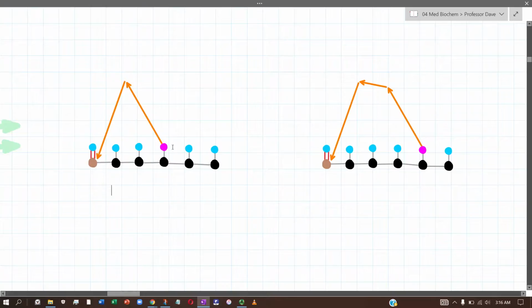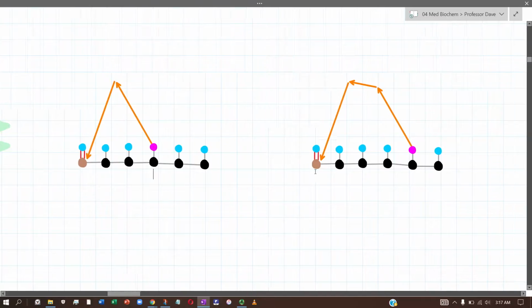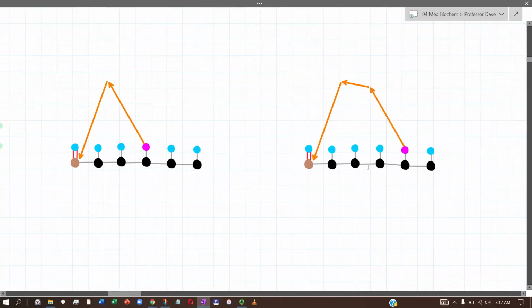Also, I've changed the color of the oxygen from blue to purple, to keep better track of what's going on with it. So in this case, it's carbon number 1, 2, 3, 4, the carbon number 4 that has a hydroxyl group attacking the carbonyl. And in this case, it's 1, 2, 3, 4, 5, this hydroxyl group that is performing the attack.